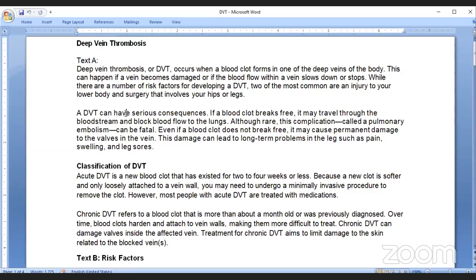In text A, please mute, please. In text A, they're mainly talking about what deep venous thrombosis is, which occurs when a blood clot in the body damages a vein. While there are a number of risk factors, two of the most common are listed. A DVT can have serious consequences, and these are the consequences.